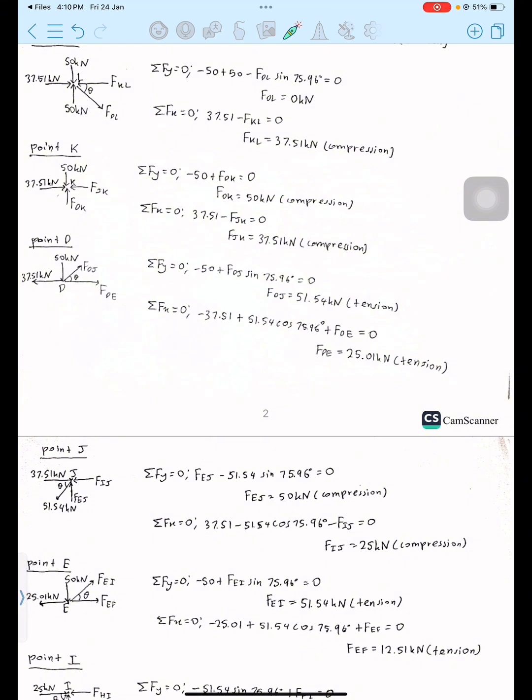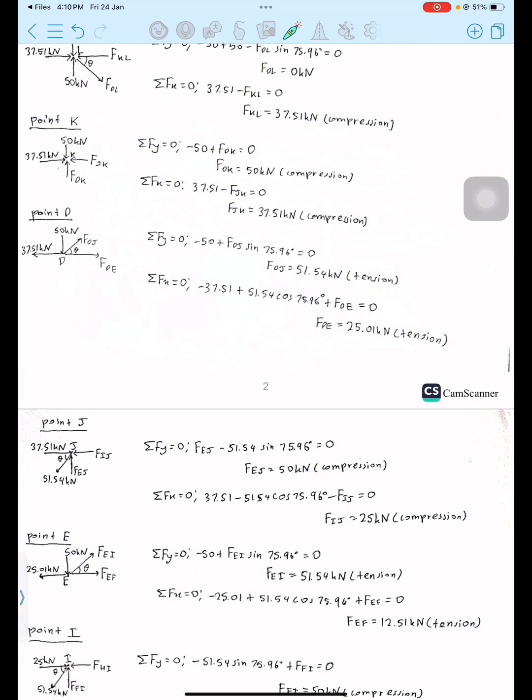So for summation Fy equals 0, we have negative 50 plus FDJ sin 75.96 equals 0. The answer will be FDJ equals 51.54 kilonewton, and it is tension. Why it is tension? It is because the FDJ is pointing upward from the D point.